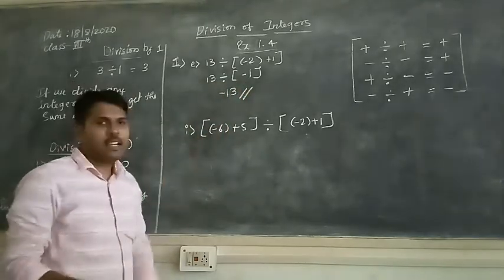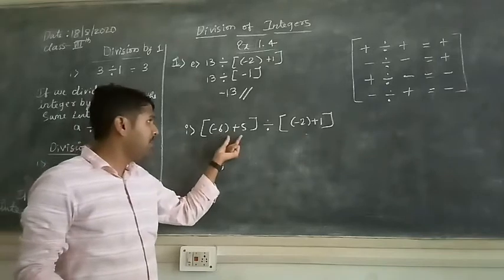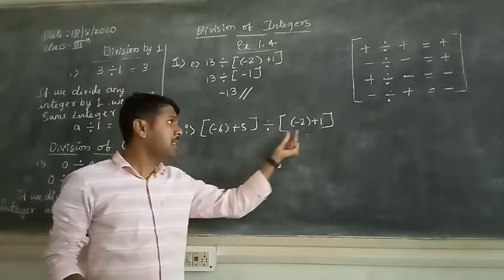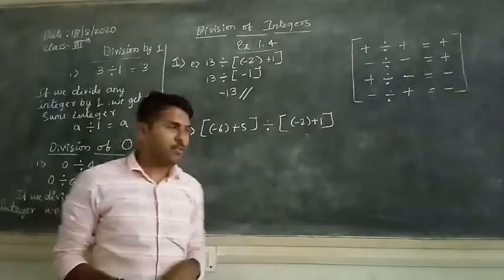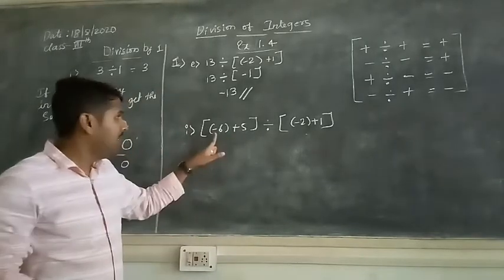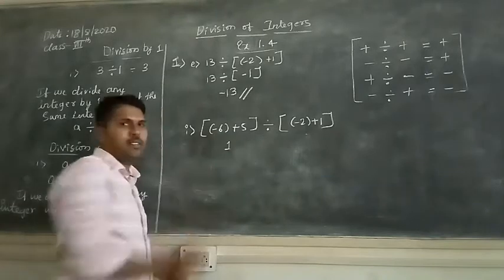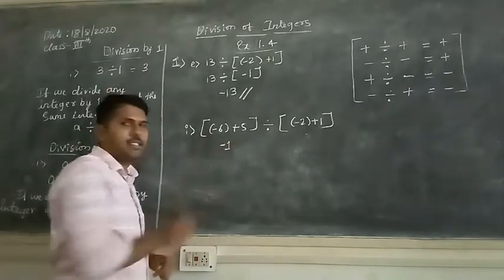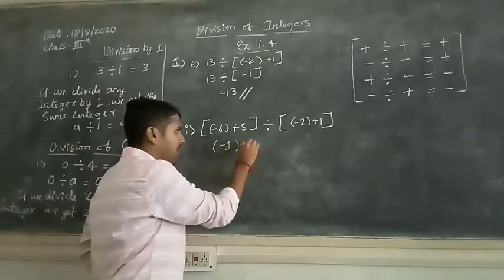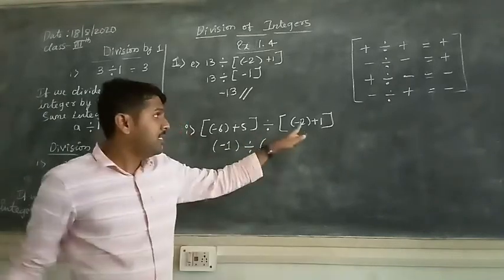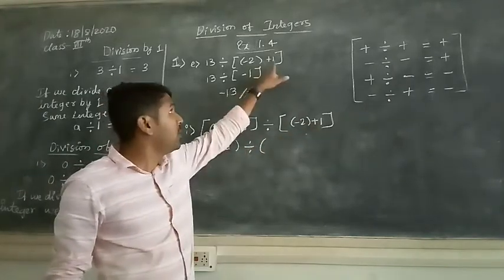Okay, so the next one is minus 65 plus 5 divided by minus 2 plus 1. So first solve the bracket. Here the numbers have different signs, so subtract 6 minus 5, 1. The bigger number's sign is minus. So minus 1 divided by, again, minus 2 plus 1. Now you solve it, no?